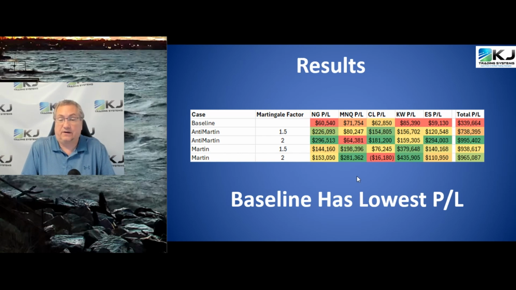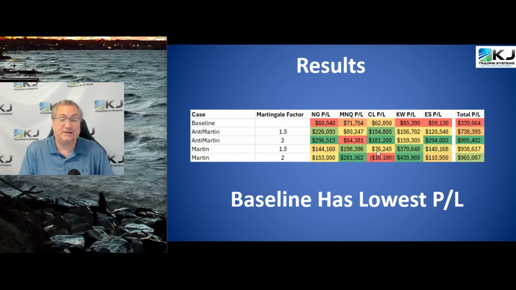And what you can see when you just look at profit and loss, I have the individual strategies here. You can see the baseline is the worst for overall profit. Now remember, it looked better in our first example. And the best one for profits is anti-Martingale, although the 2 Martingale cases are pretty close.